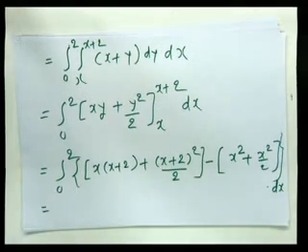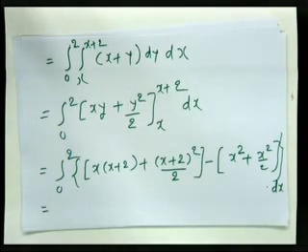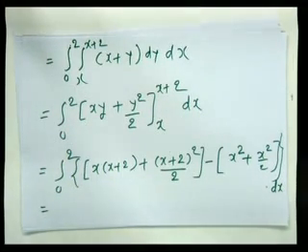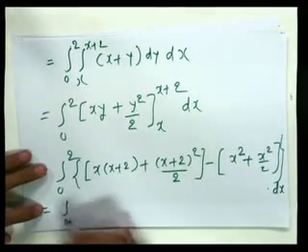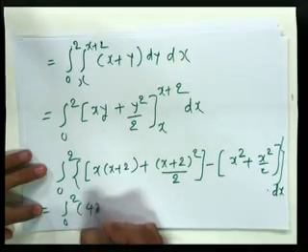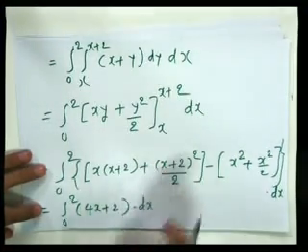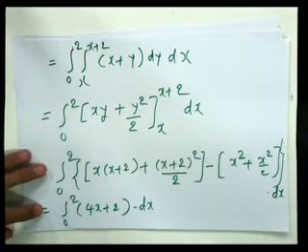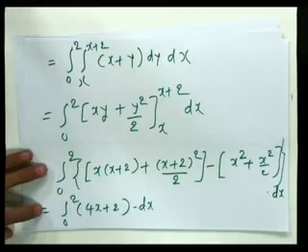And after calculating all these things, we will get the integral from 0 to 2 of 4x plus 2. We can easily calculate this one. So this is equal to the integral from 0 to 2 of (4x plus 2) dx.